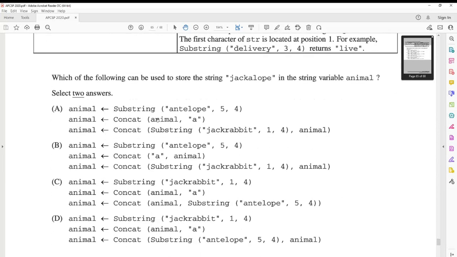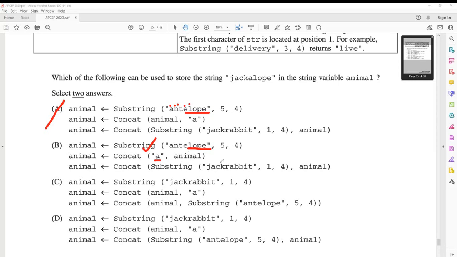So antelope: 0, 1, 2, 3, 4, 5. So this one 5 and 4 is loop. So animal is loop, and concatenate animal with A. So this one, loop A, is wrong. There are 5, 4, so A and loop, yes, this one is correct.